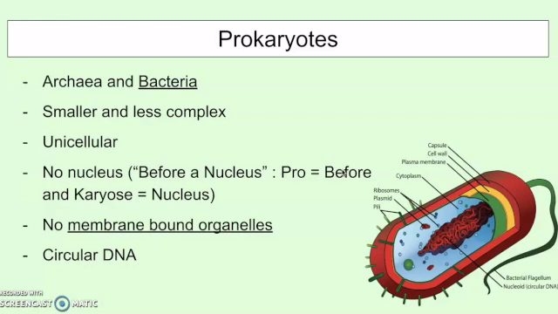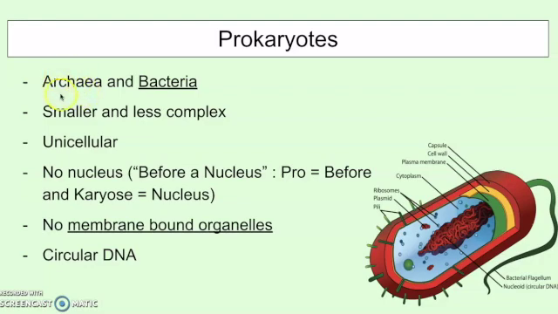Looking at prokaryotic cells, the prokaryotic cell that we will focus mostly on is bacteria, but it can be partitioned into two different types of cells, the archaea and bacteria cells. Archaea cells are known as one of the first living organisms, actually the first living organism, and we can find evidence of them in our fossil records as far back as about 3 billion years ago.